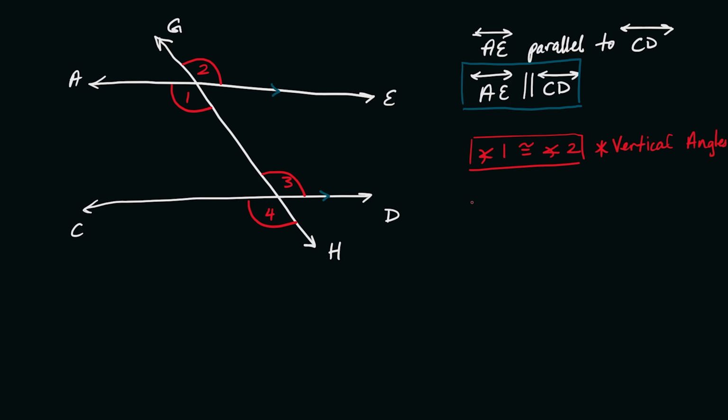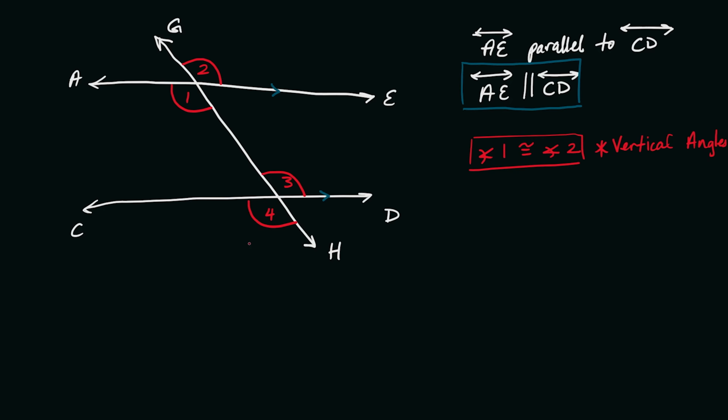So now we're getting to the alternate stuff. Alternate interior angles are angles that are inside of the two parallel lines, so more near the middle, the center, and on opposite sides of the transversal itself.